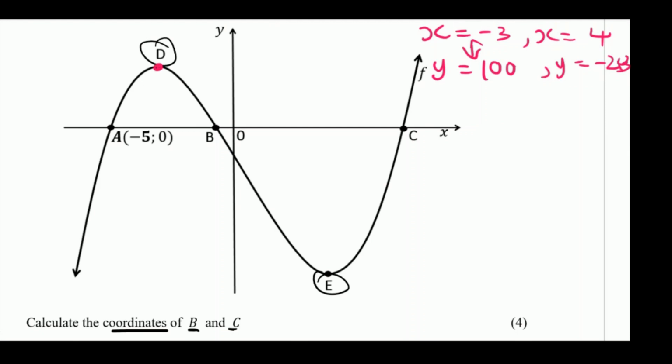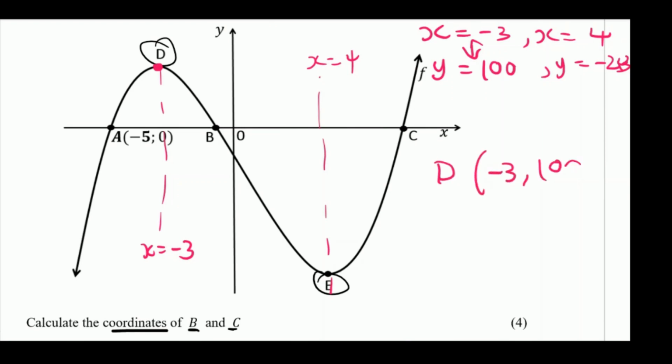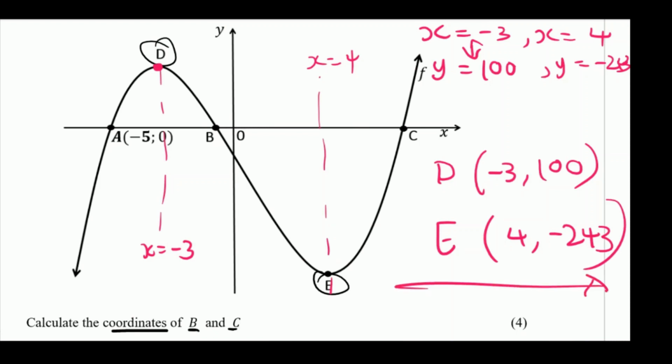So for D, you can see that D is actually where x is equal to minus 3, right? And then here x is equal to 4. So we can confirm now that the coordinates for D would be minus 3 and 100, and the coordinates for E would be 4 and minus 243. So these are the coordinates of D and E.